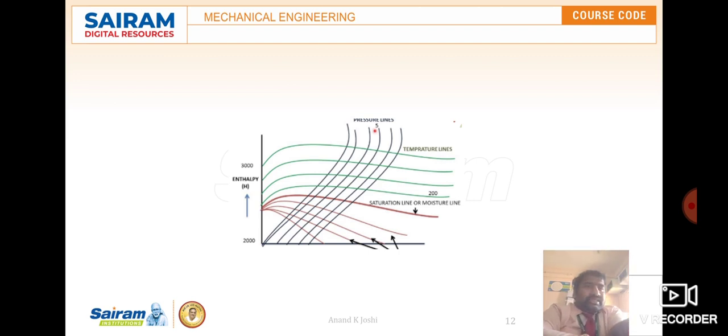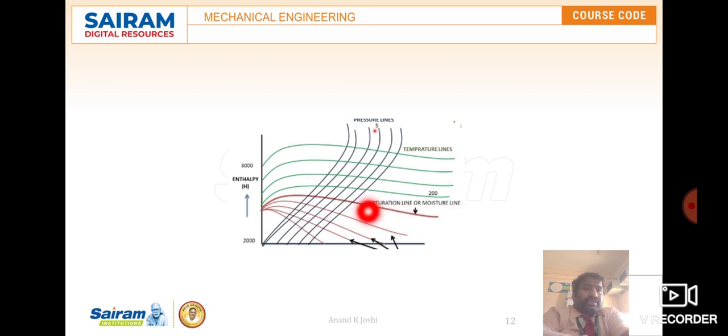See, in this graph there is a green line, which indicates the constant temperature lines. And here this dark red line is what we call the saturation line, or the moisture line. Above this line the steam becomes superheated, but on this line the steam is dry.